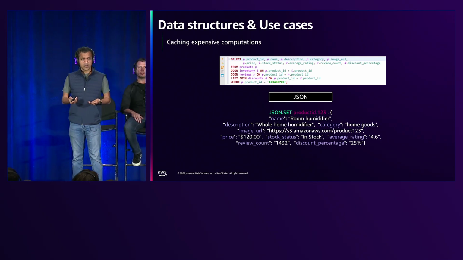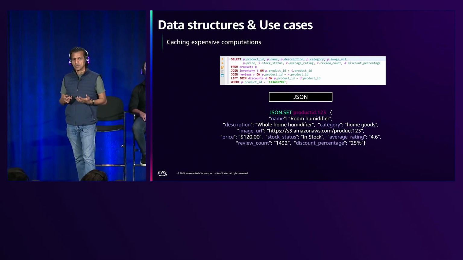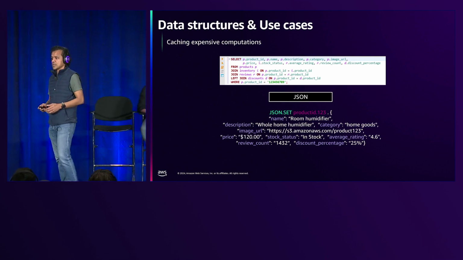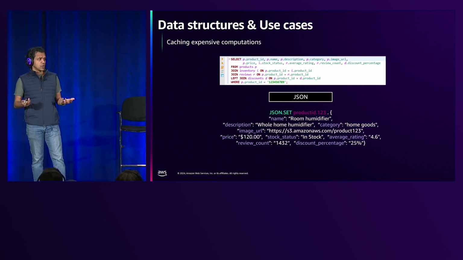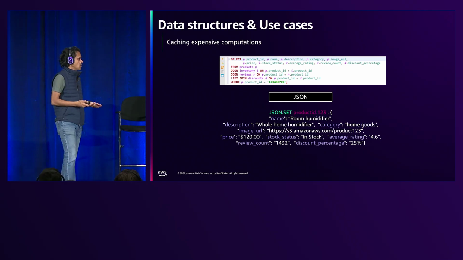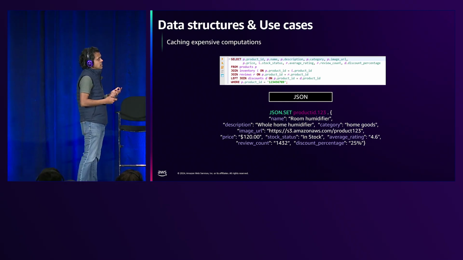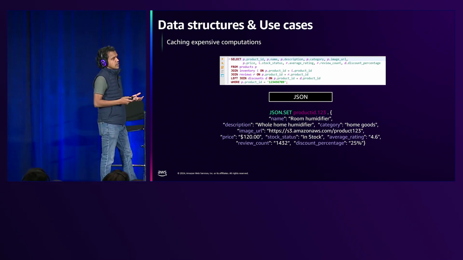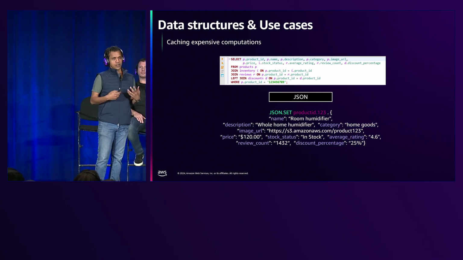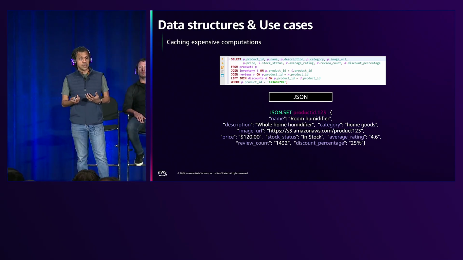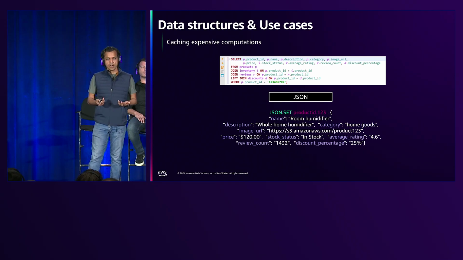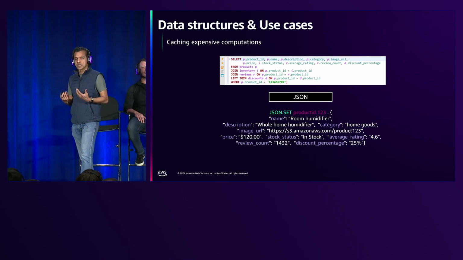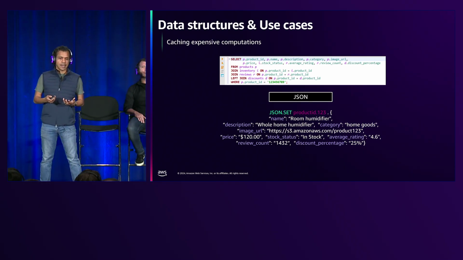As you can see, this is doing multiple joins across multiple tables, and this can get expensive very, very quickly. And it can take a lot of time on your database, and also it can take up a lot of resources on your databases. But as you can see, if a user is looking at the details of this product on your website, and they're refreshing the page or coming back and forth to it, the data isn't going to change that frequently. Right? So this is a great candidate for something to be cached, and this is an expensive computation that you could cache in your cache.